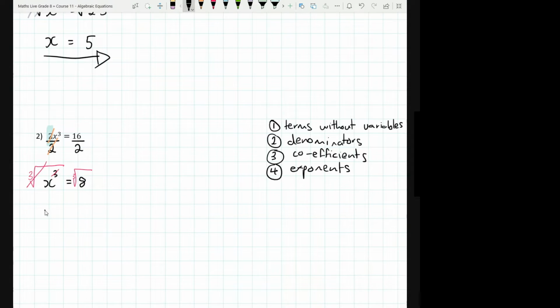And so what I'm left with on this side is x is equal to, and can you guys give me what is the square root of 8? Not square, cube root. What is the cube root of 8? Something times something times something should give you 8. There you go. It is 2.